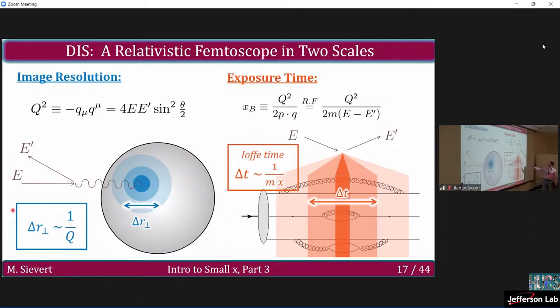You can again relate this to the transverse momentum divided by the energy transfer in the rest frame. That's all well and good, but what does it mean? The simplest interpretation that I know of for Bjorken X is in terms of a time scale known as the Ioffe time. If I go to the rest frame of the proton, then this time scale, 1 over m times x, is the time scale of the interaction of the virtual photon.